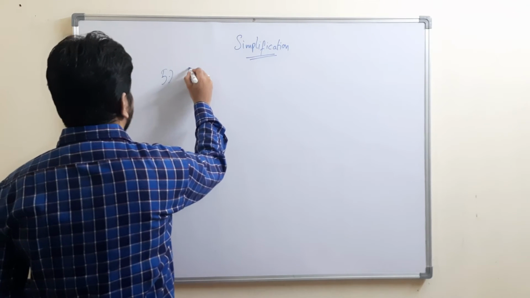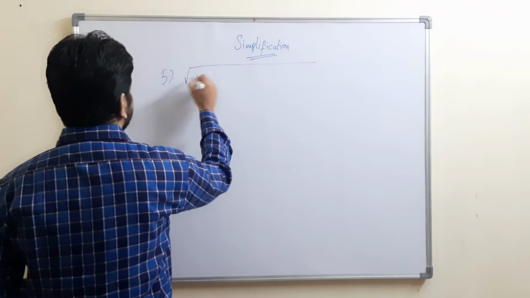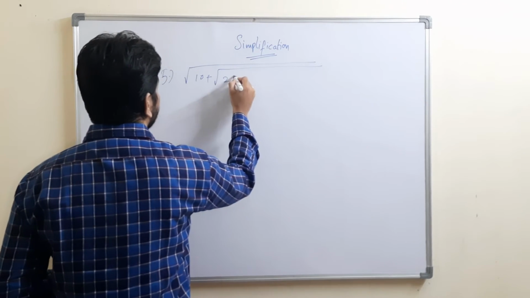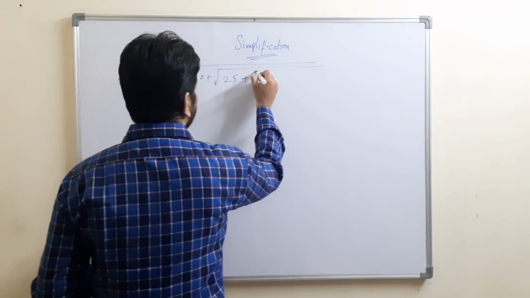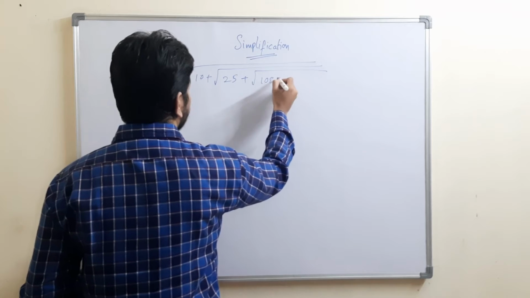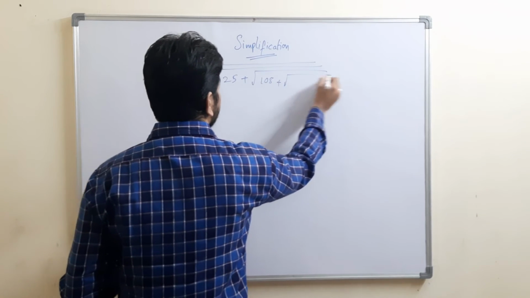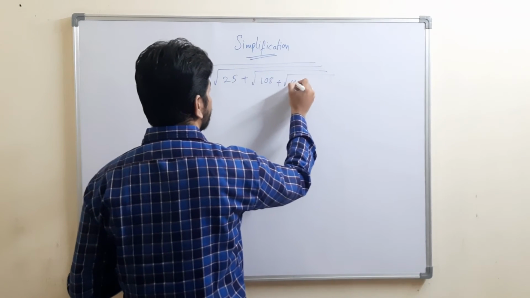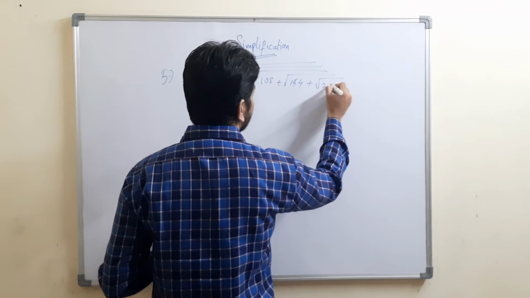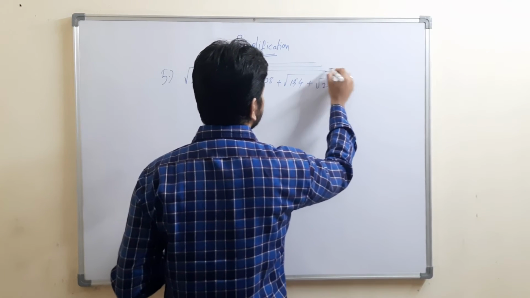Here I have square root of 10 plus square root of 25 plus square root of 108 plus square root of 154 plus square root of 225.